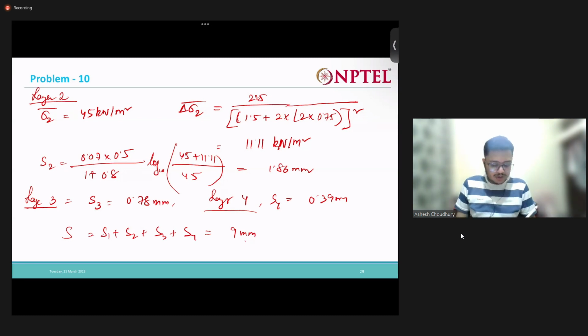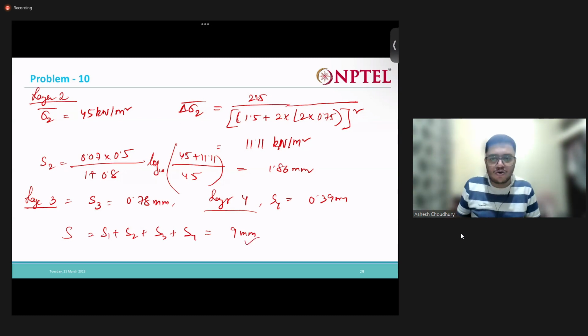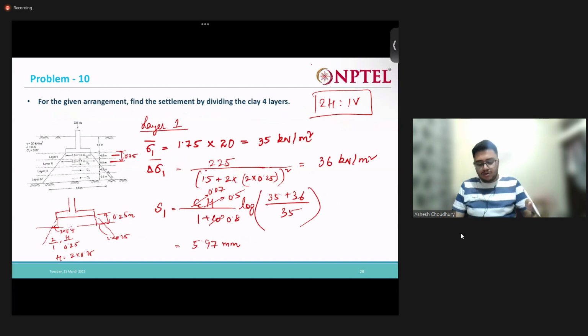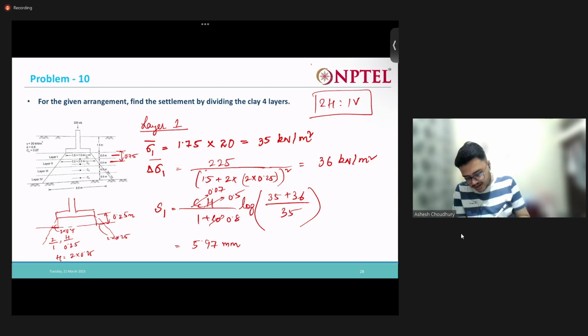Now we got 9 mm by dividing it into 4 layers. Now what you can do is try dividing this into 2 layers and check how much it's coming. We can do this very easily. You do that later and check how much it is coming and what is the difference.